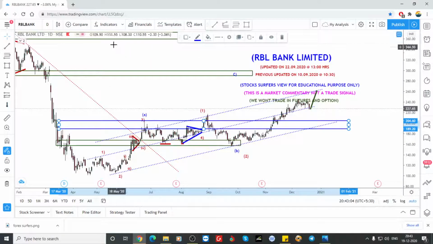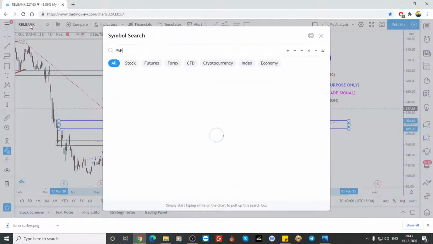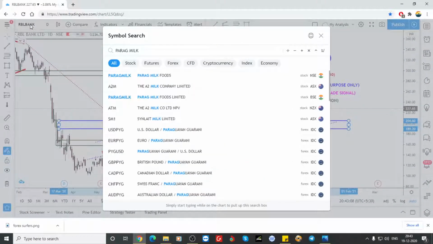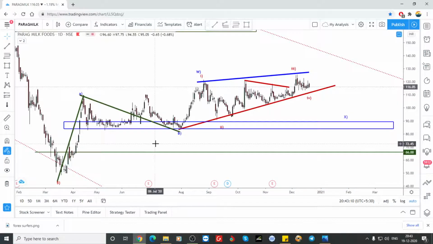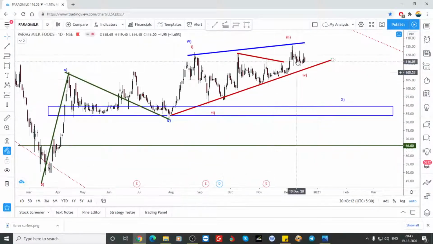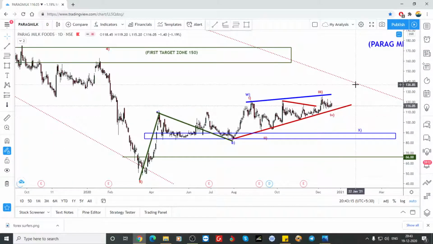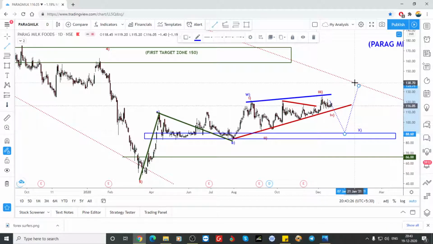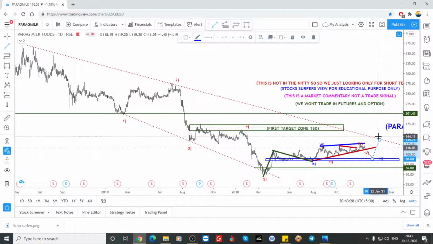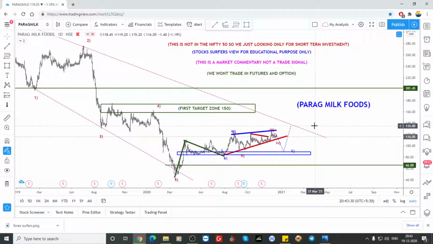And one more thing is Parag Milk Foods. So this is the same as I said, whether it is going to make a high of the fifth wave for the 130 or 140 zone, or it can make one more drop like this, and again go back for that target of 140, or if it breaks this trend line, it could be more bullish up to 200 also.